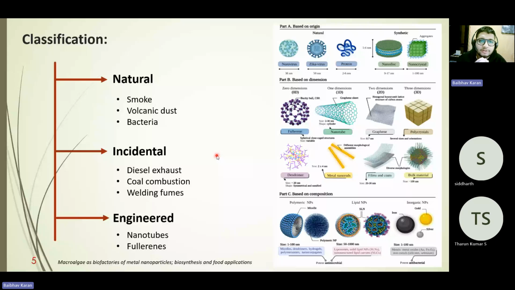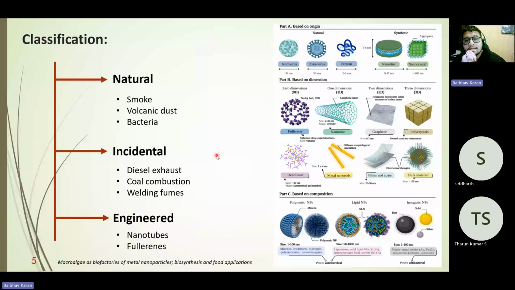That is zero dimension. In one dimension, that is a cylinder. There are three axes, x, y, and z. Let's suppose the z axis is the length of the cylinder. That is not in the nano range, but the other two axes are in the nano range. And according to the definition of nanoparticles, at least one should be in the nano range.